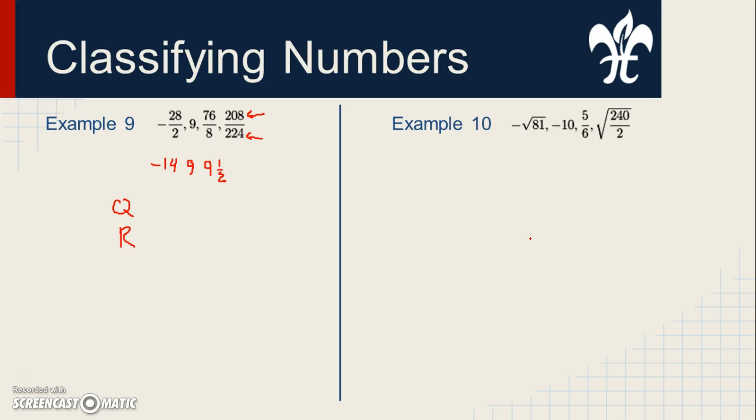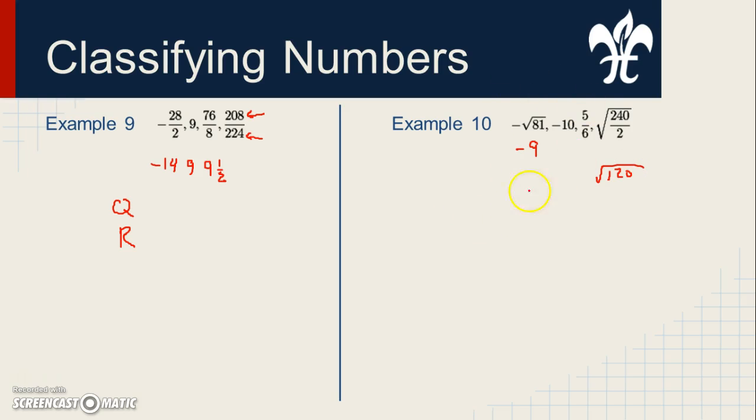Example 10. This is our last example. We go ahead and look at these. Square root of 81 is 9, so this is negative 9. Then we have negative 10 5/6, which cannot reduce, and then 240 over 2, which reduces to 120. But because 121 is a perfect square root, we know that 120 is not a perfect square root and cannot be simplified.